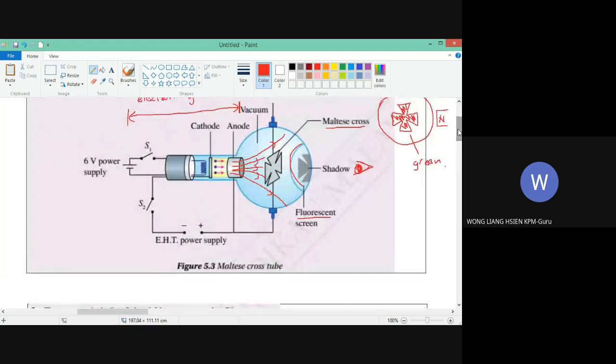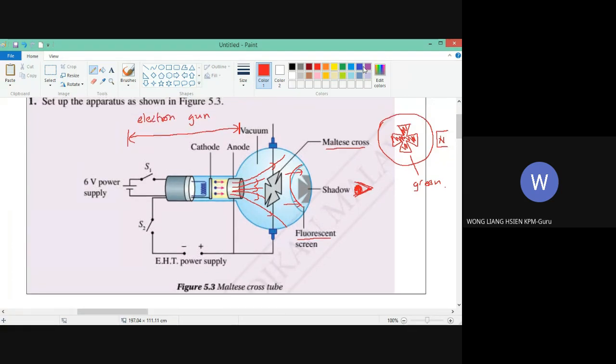Now, why is it that it can be deflected? This part is very important. When you view from the front, what you see is the electron flying towards you. So if the electron flies towards you, that means you have current in the opposite direction. Remember, electron has charge.